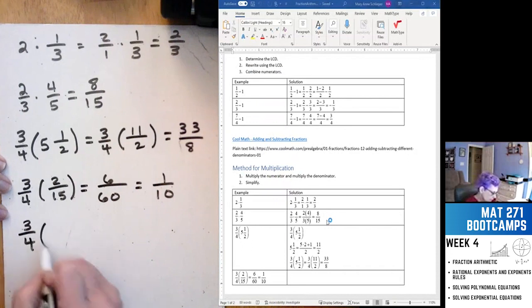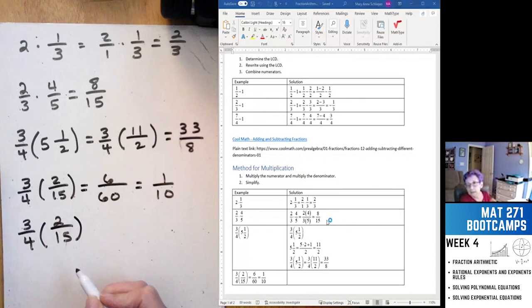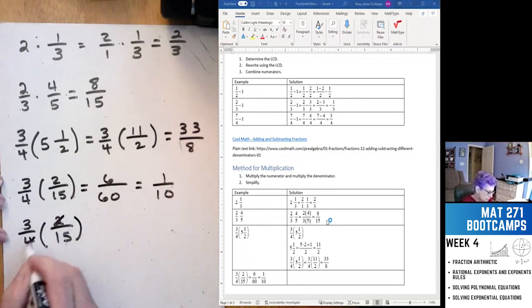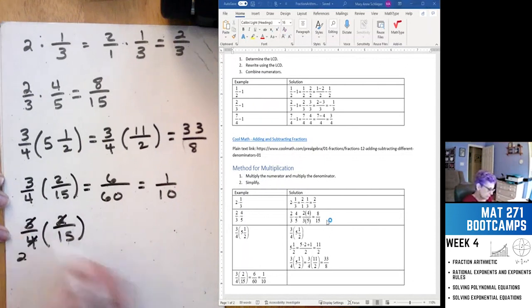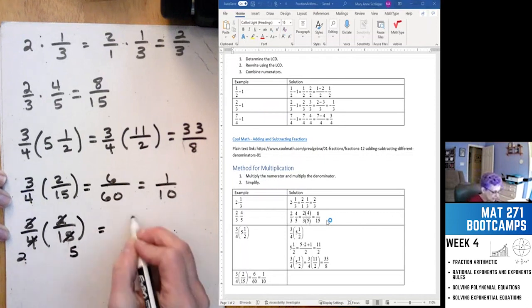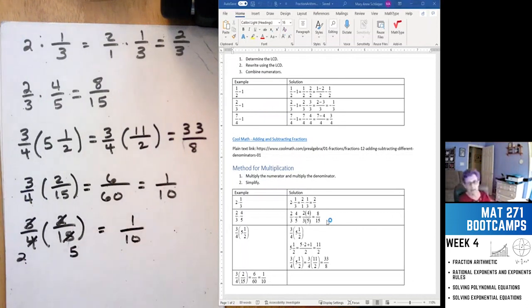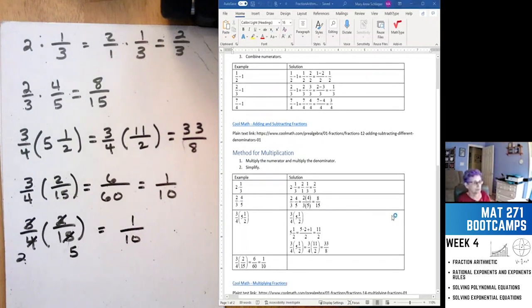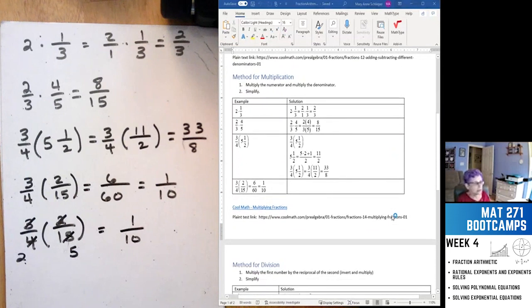If you like, at this point, you could do some canceling and then you could multiply smaller numbers. 2 goes into 4, leaves me with a 2 down below. 3 goes into 15, leaves me with a 5 down below. And 2 times 5 is 10. So, easy stuff. Let me know if you have questions.